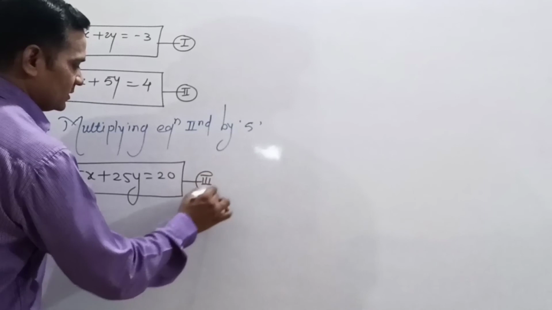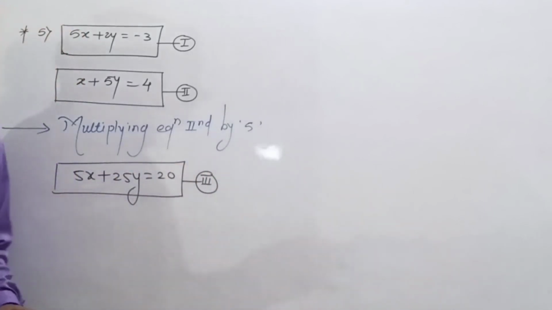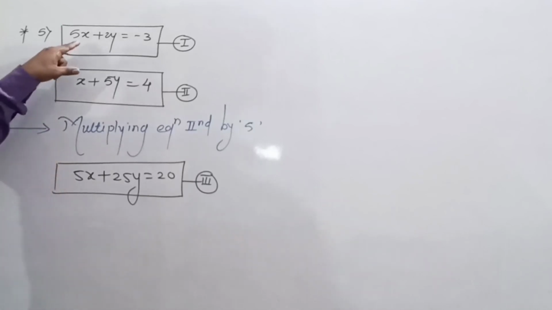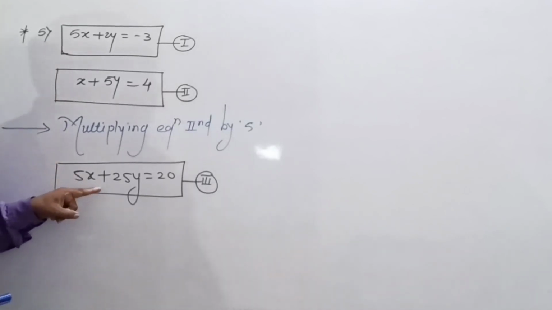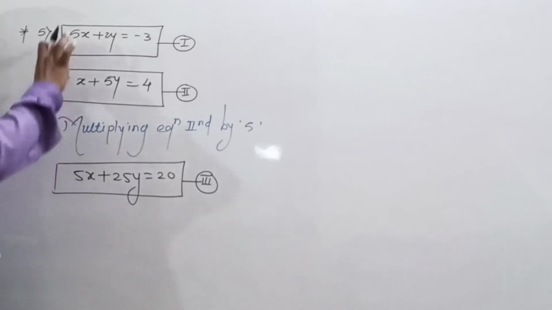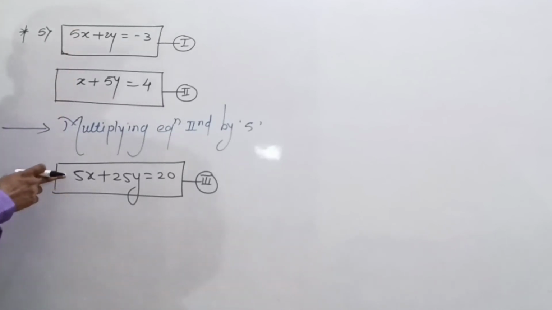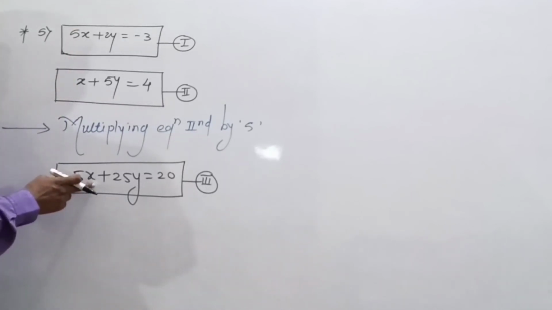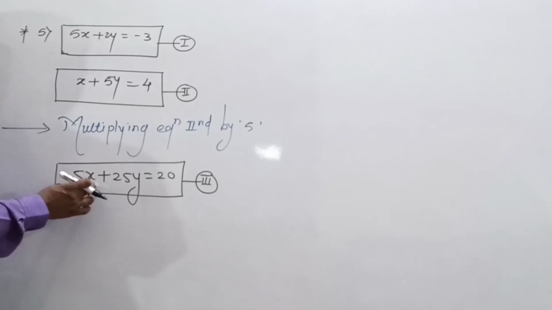So we will consider those equations in which the coefficient of the variable is same. So equation number first and equation number third, these are the two equations in which the coefficient of the x is same. So let's consider these two equations in which look at the sign of the term containing variable x.